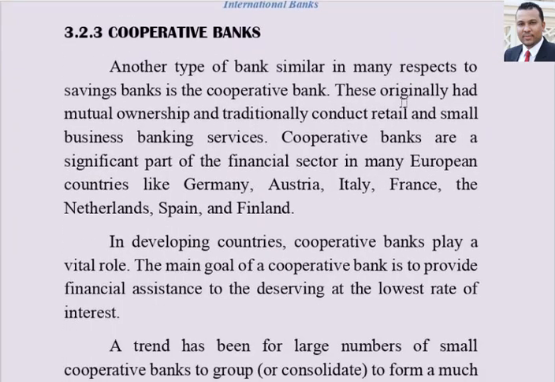Cooperative banks are similar in many features to saving banks, with mutual ownership, and they conduct retail and small banking services. So the main feature of this model is small banking services. It plays a significant role in many European countries like Germany, the Netherlands, Italy, Austria, and Spain, and Asian countries like India.